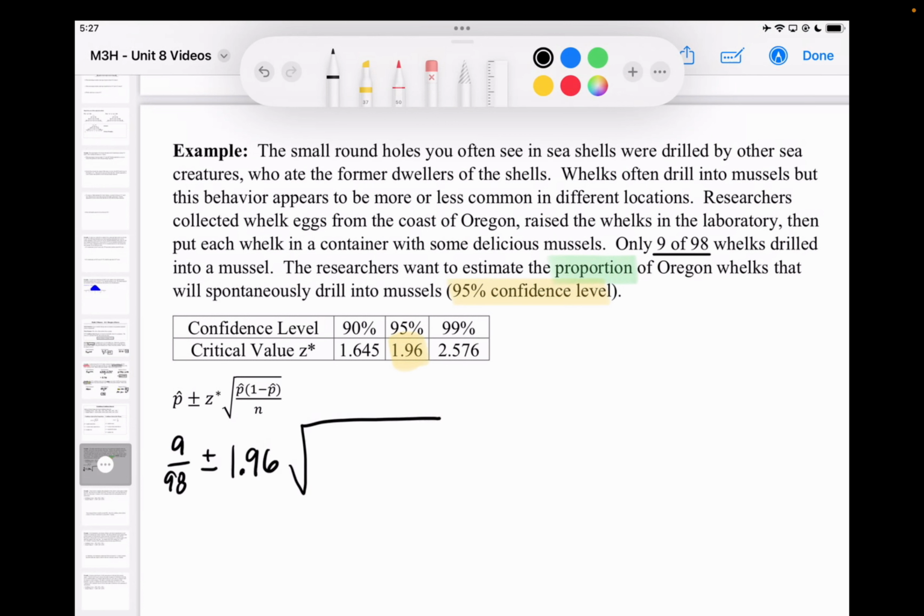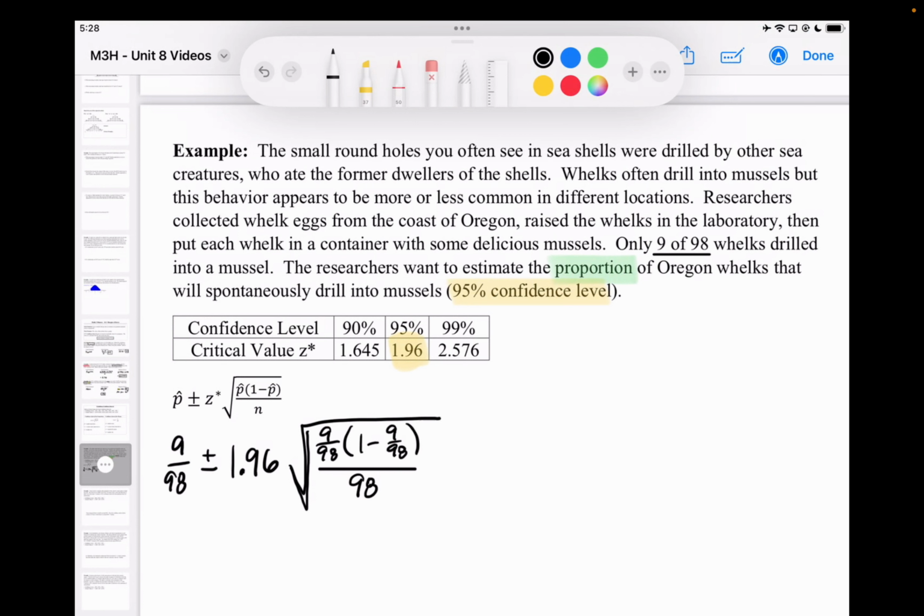And then we'll take the square root of that proportion, so the 9 over 98, multiplied by 1 minus 9 over 98. And then I divide that by the sample size. Remember, n is the sample size. And our sample size is 98. Now, it's not super obvious in how I drew it, but all of that is under the square root.